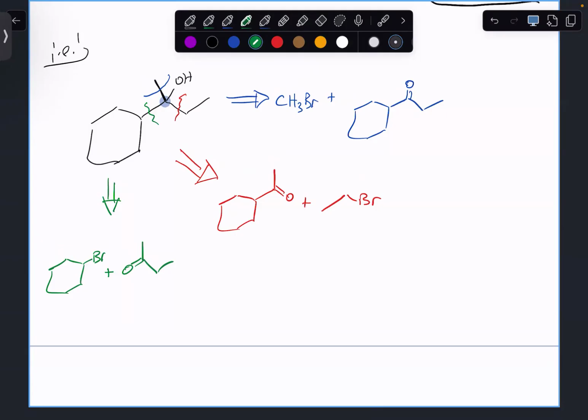It really doesn't. So you would have any of these three reactant pairs, and you would add either magnesium or lithium to them. Anybody have questions on these three possibilities?